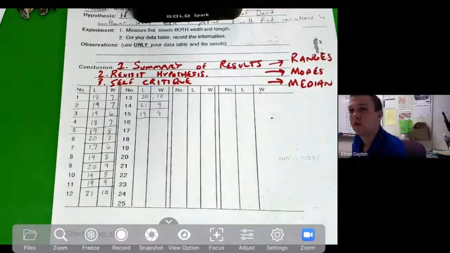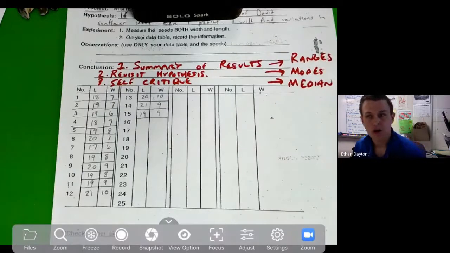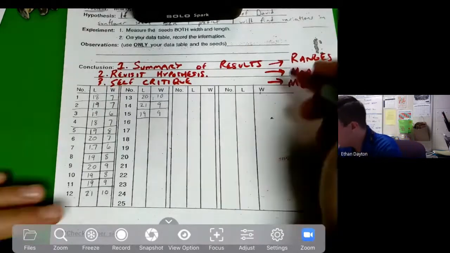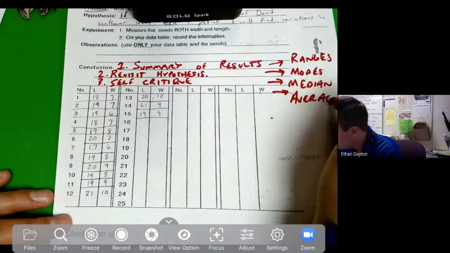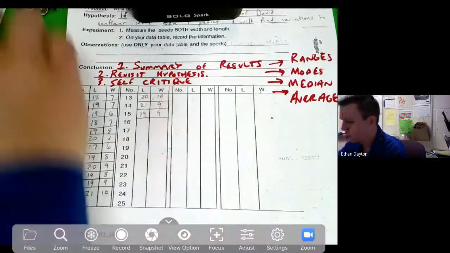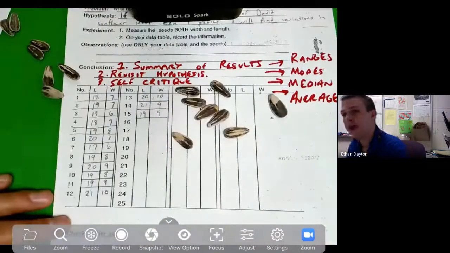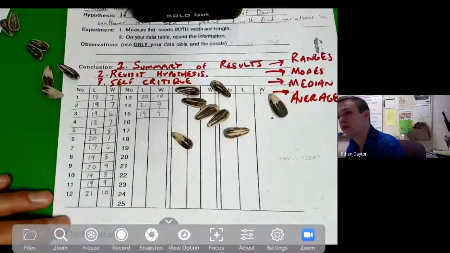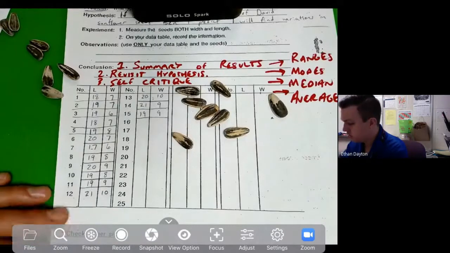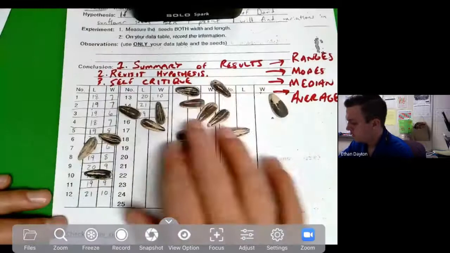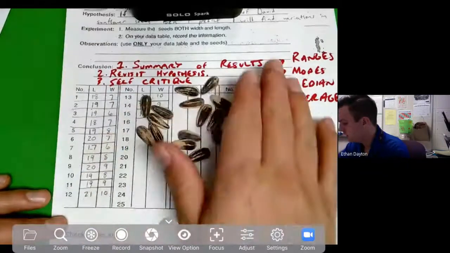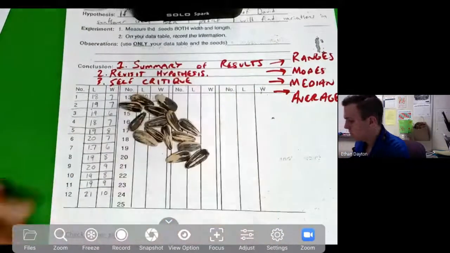What was the value that occurred most often? What's the average of all of them? You could do that. You could talk about the different types of patterns on the seeds that you found. That's pretty much it for the summary of results.